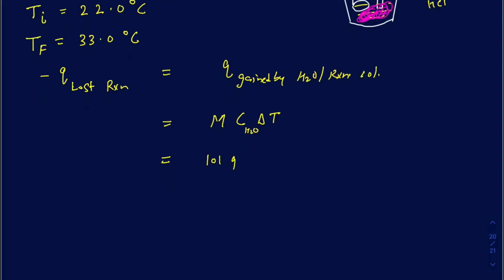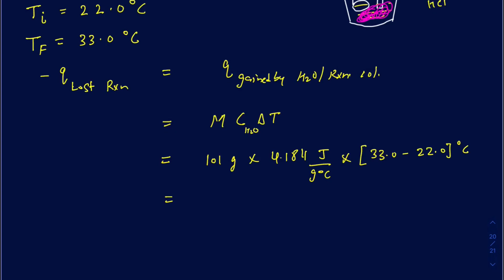So it's 101 grams times 4.184 joules over grams degree Celsius, and your delta T is going to be 33.0 minus 22.0 degrees Celsius. Okay, so now let's go ahead and do this math here.